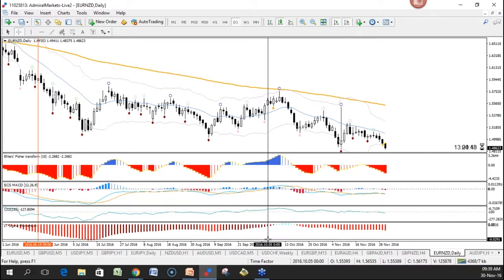If there's a trend on hourly and 4 hour, look for the retracement on the 5. Or if there's a trend on the 4 hour and daily, look for the retracement on the hourly. So retracement, trend, trend.